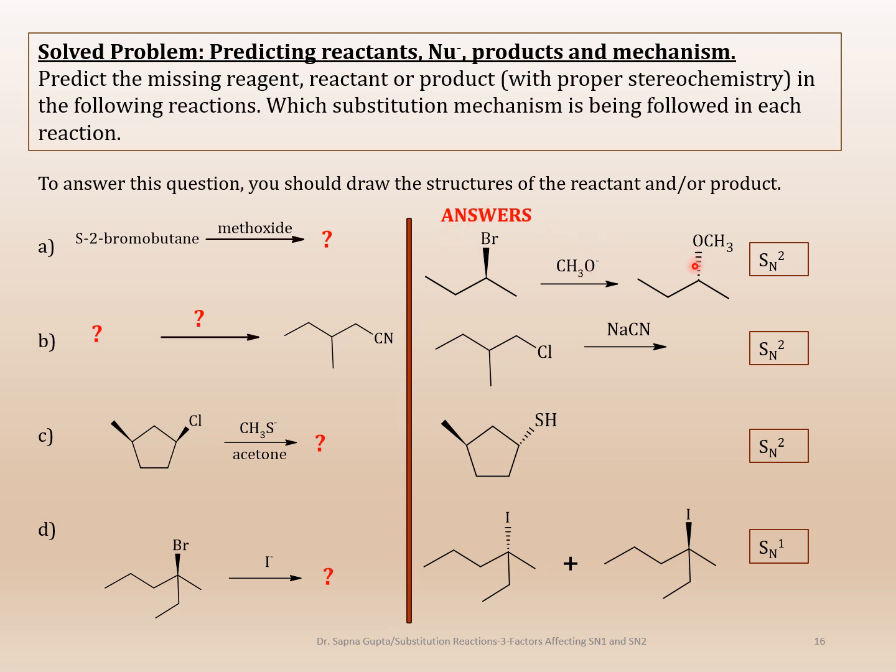So this is the product, but then I also have to give the proper stereochemistry, which means I have to think about the mechanism. I'm writing it as SN2 because this is a secondary halide. It's pretty accessible. My nucleophile is small, so it can easily access the electrophile from here. So I'm thinking it's going to be SN2 with inversion.